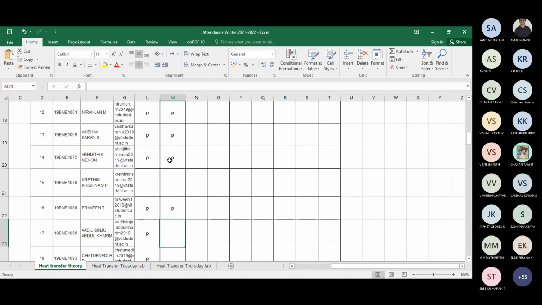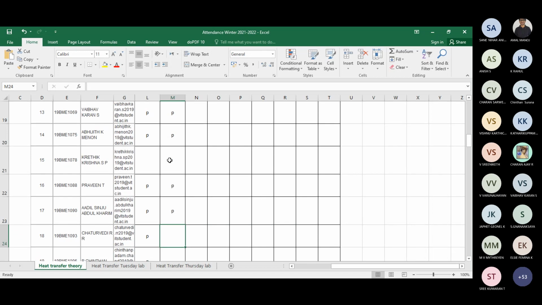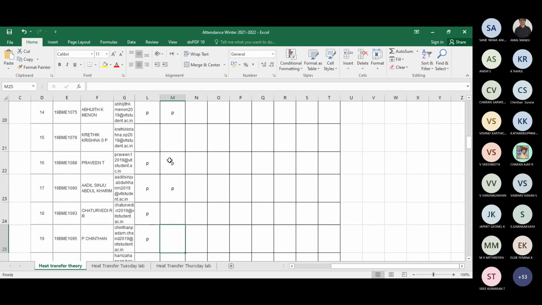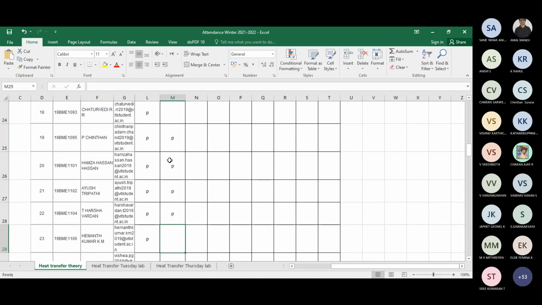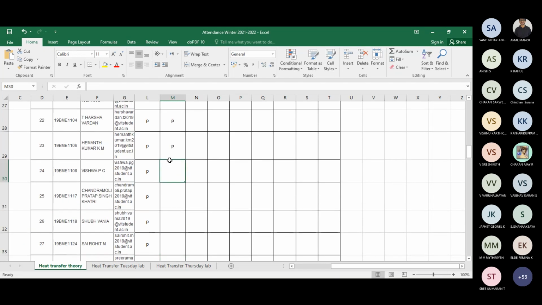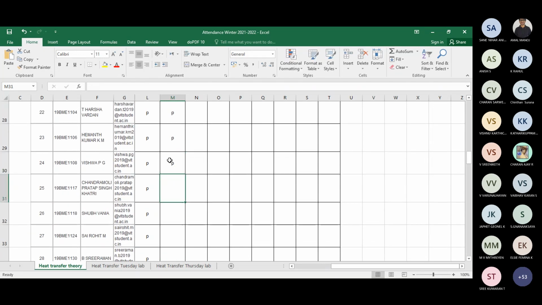Adil, present, sir. Chintan, present, sir. Hamza Hassan, present, sir. Ayush Tripathi, present, sir. Harshavardhan, present, sir. Hemant Kumar, yes, sir. Chandramouli Pratap Singh, present, sir.